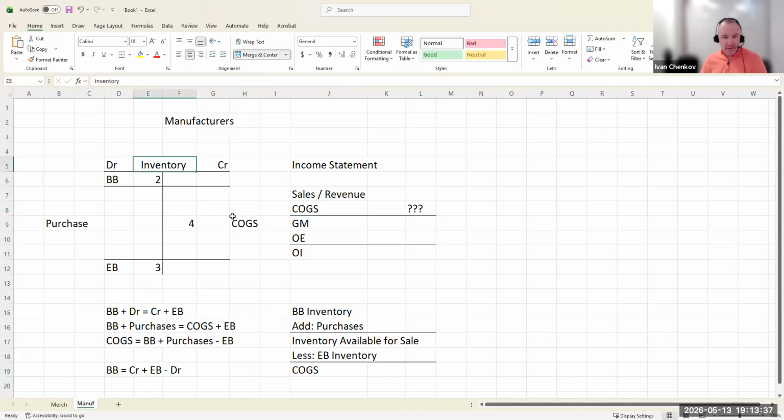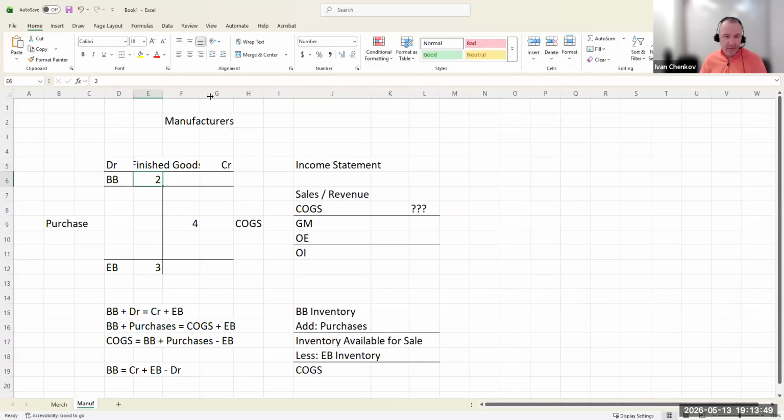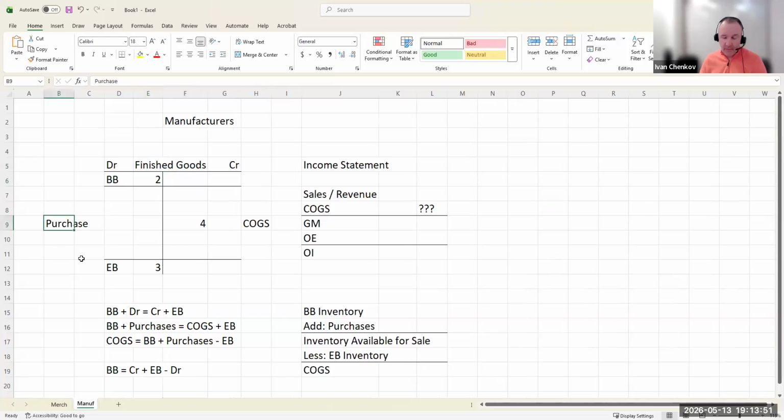Now in the manufacturing company, I'm gonna get cost of goods sold from the account called finished goods. And I'm gonna start going backwards. What that means: in order to have the finished goods, I have to produce them. How can I produce the finished goods?